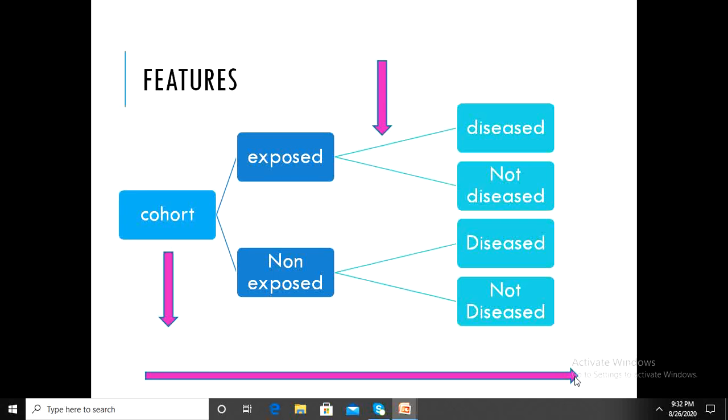Another condition to conduct cohort studies is that loss to follow-up should not occur. As we are moving forward in time, as these are longitudinal studies and we follow the cohort for 10 to 20 years or 25 years, there are chances that the participants of the research will migrate, or change their house, or are no longer interested in participating in the research, and some of them die because of other reasons.